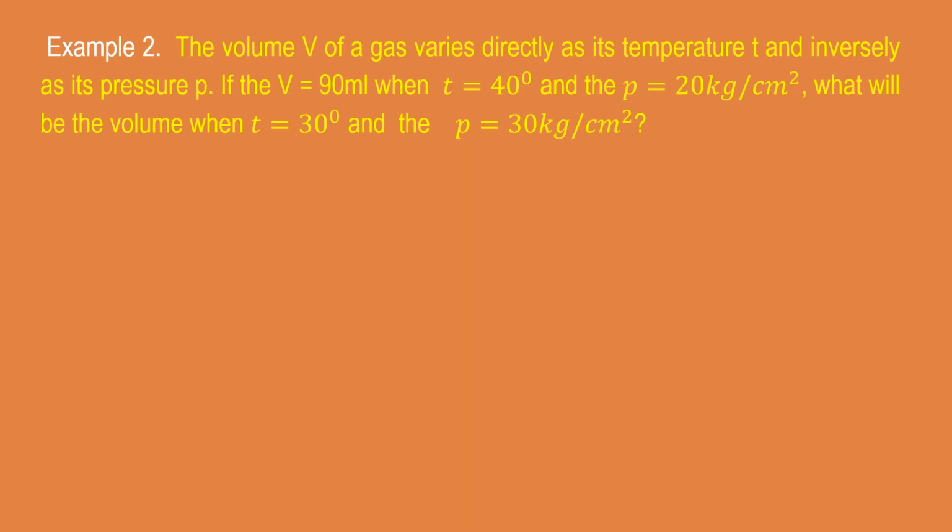Let's have another problem. Let me read. The volume of a gas varies directly as its temperature and inversely as its pressure. If the volume is 90 milliliters when temperature is 40 degrees and the pressure is 20 kilograms per square centimeter, what will be the volume when T is 30 degrees and P is 30 kilograms per square centimeter?